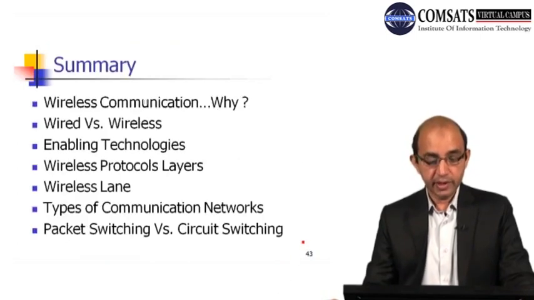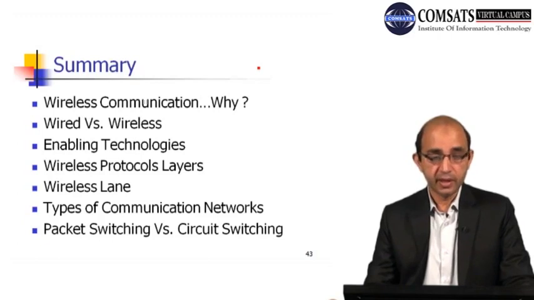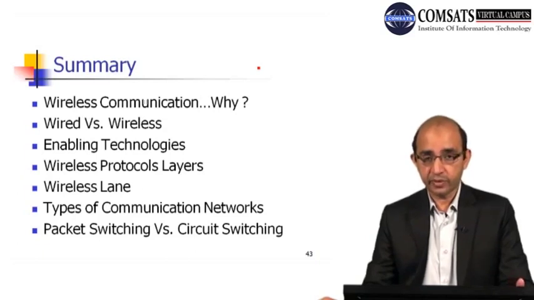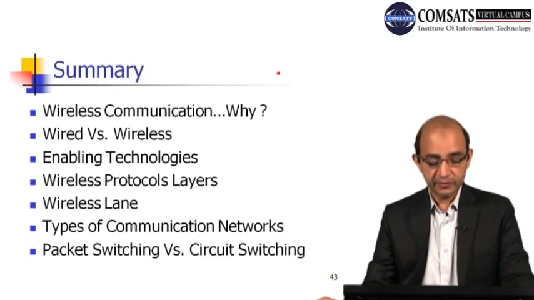Okay, so that's all for today's lecture. Today we talked about wireless communication, and we discussed why we need wireless communication, and we also compared wired and wireless communication and the enabling technologies that are required in order to have the wireless infrastructure. We also touched on the wireless protocol layer, and then we talked about how we can establish a wireless LAN over an existing wired infrastructure.